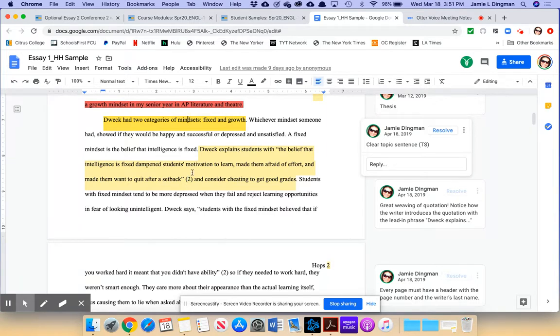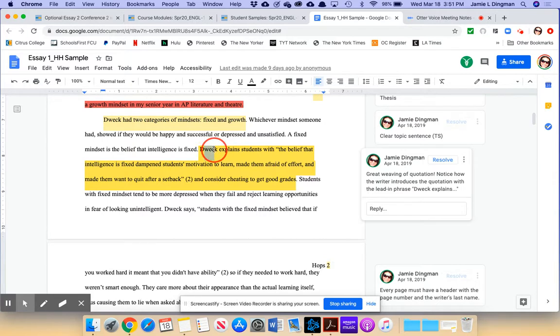Notice that she just has the page number, and that's because she mentioned Dweck's name right up here, okay? And if you're mentioning the name right up here, then you don't need to repeat it down here in the parenthetical. And again, MLA is really straightforward and simple. You're going to put just a very limited amount of things in that parenthetical.